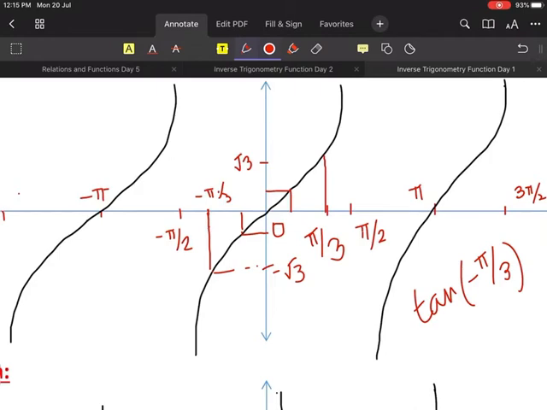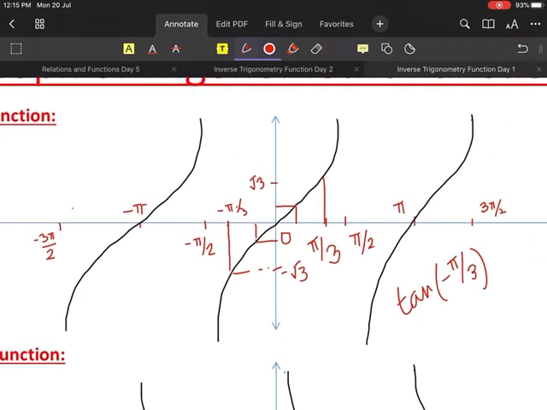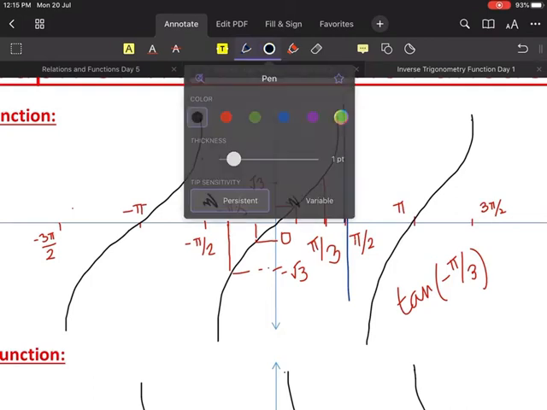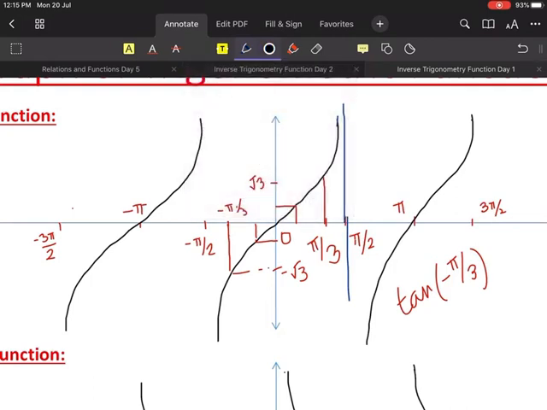Now, can anybody tell me what tan 90 degree is? Undefined. Very good. Tan 90 is undefined. So look at what happens at 90. At 90, the function does not touch this line. Understood?